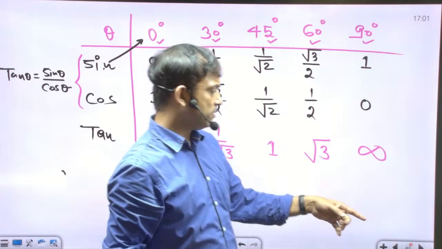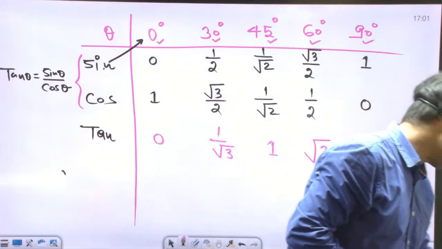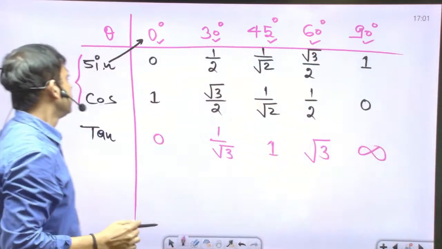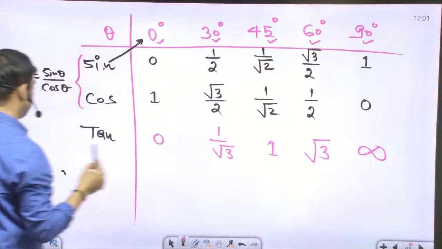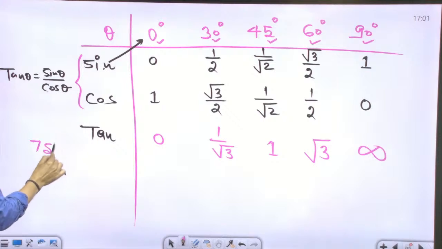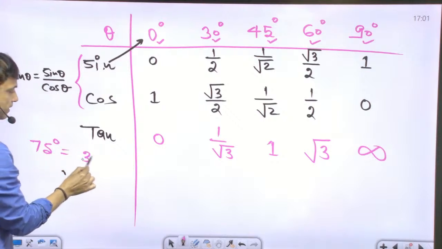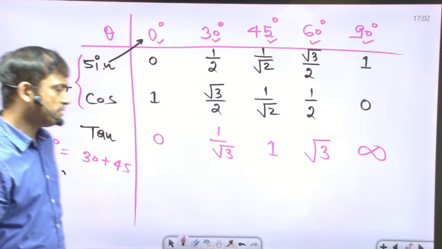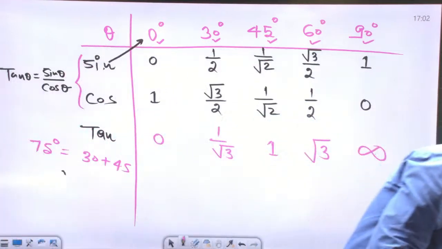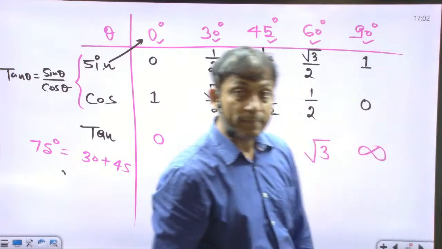In case of 75 degree, we combine 30 and 45, that is, 30 degree plus 45 degree. Next is 15 degree.